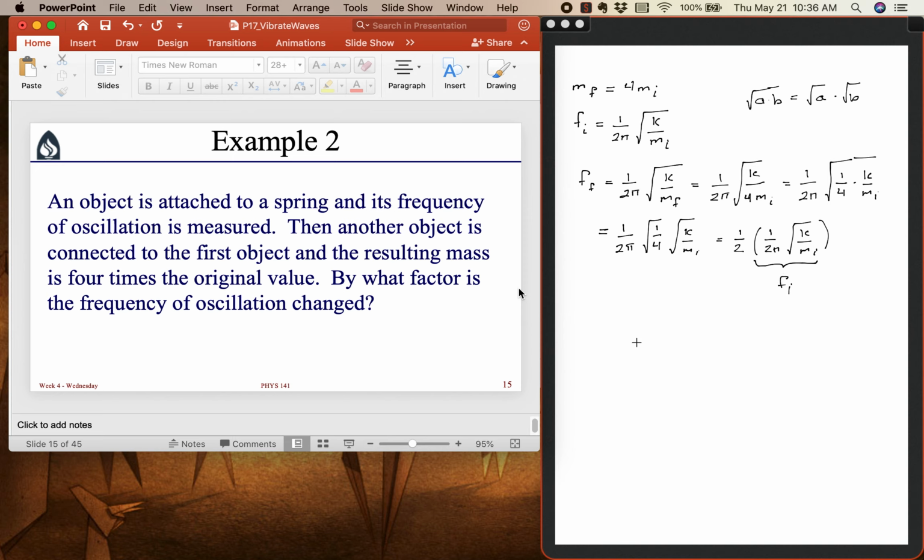So what we've just shown is that the final frequency is going to be equal to 1/2 the initial frequency. So the factor that the frequency of oscillation has changed by is 1/2. So our final frequency is 1/2 of the initial frequency.